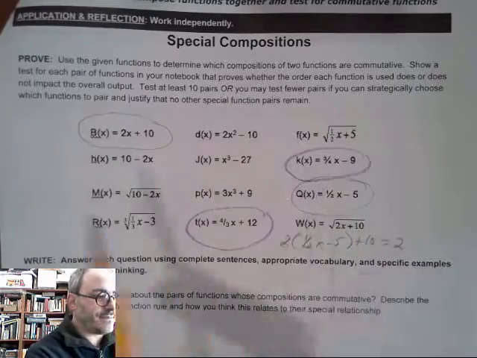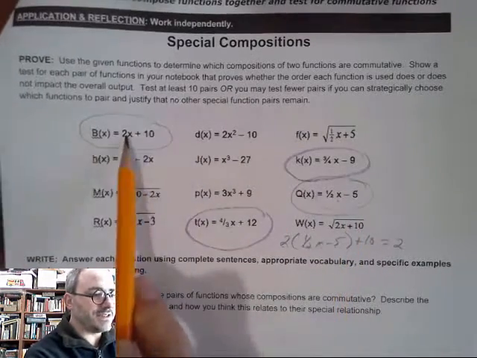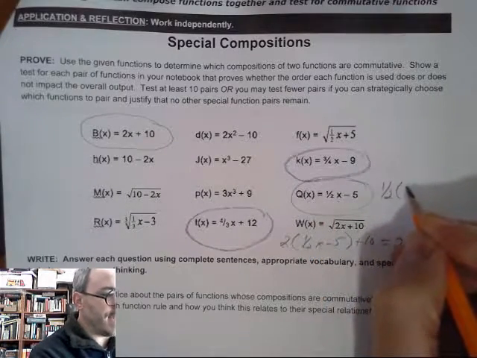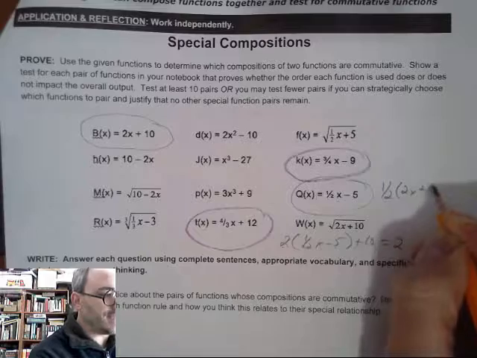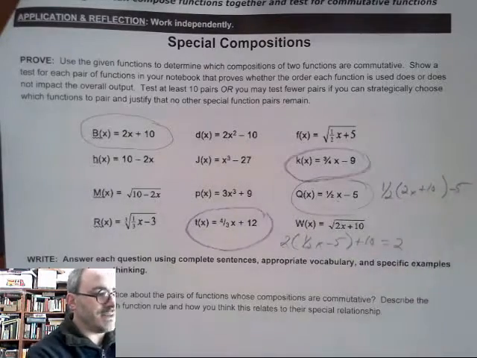Let me do it the other way. I already stuck this one inside that one. Let me stick this one inside that one. Now I have 1/2 times 2x plus 10, minus 5.